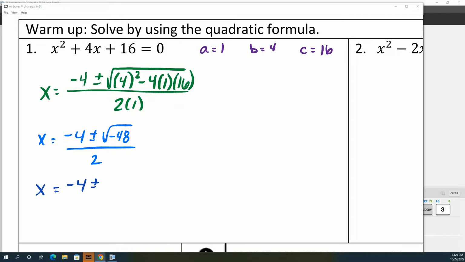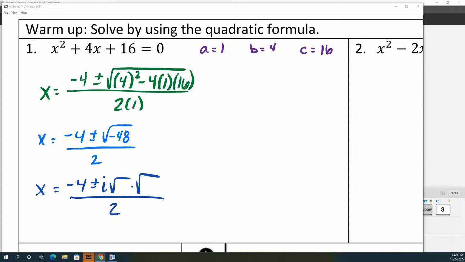Okay. And then anytime we have a negative underneath the square root, we're going to pull out an i, and then we're going to think about it like positive 48 is under there. Yesterday, the only squares we had to worry about were 4 and 9. Today, we are going to have to think about some bigger squares.